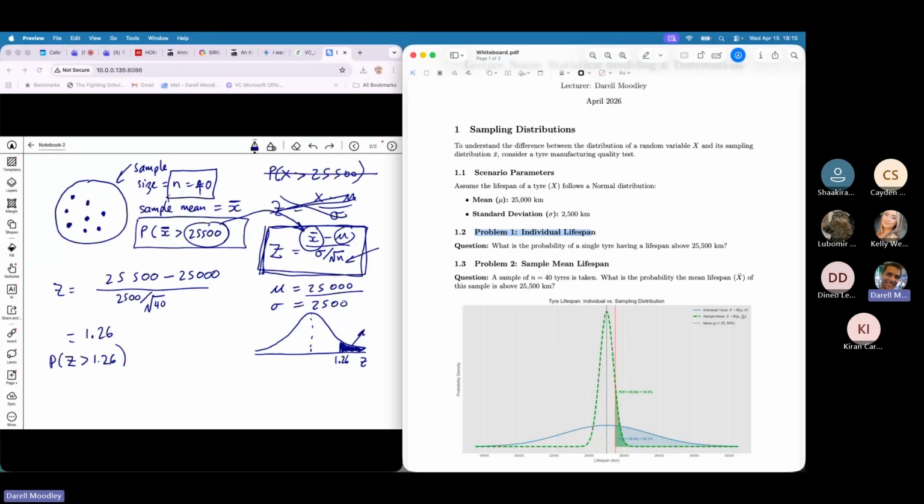You go to your table and you work out this probability. You'll get this value from the table, and this value here is 10.38%. So the difference here is how you convert your X bar to Z. That's the difference between what we did now and last week.